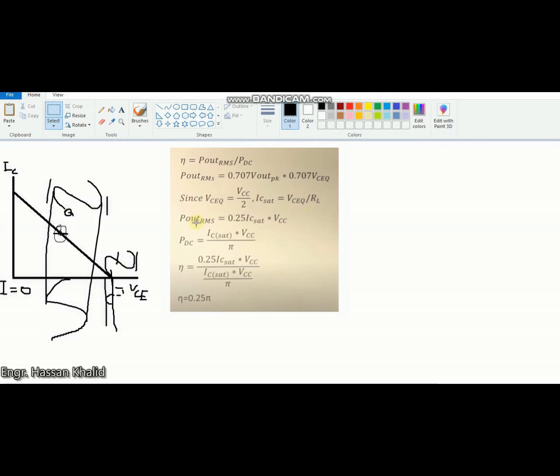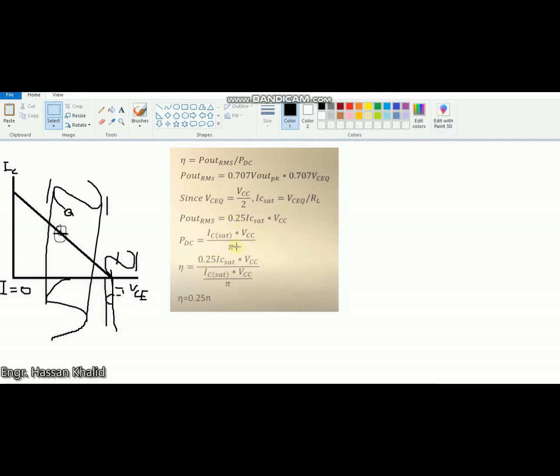And lastly, that P out RMS as a whole can be simplified and written as 0.25 times the IC saturation current multiplied by the VCC voltage. So finally the average power, which is the PDC, is actually equal to the IC saturation multiplied by the VCC voltage divided by 3.14, or by pi.